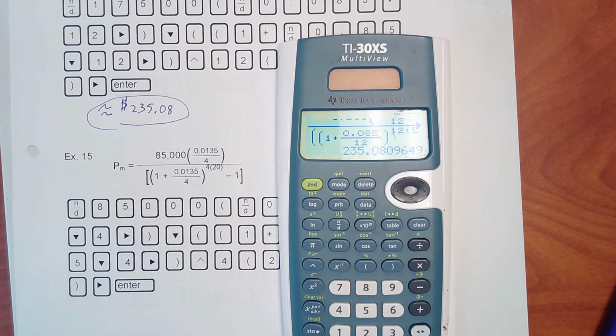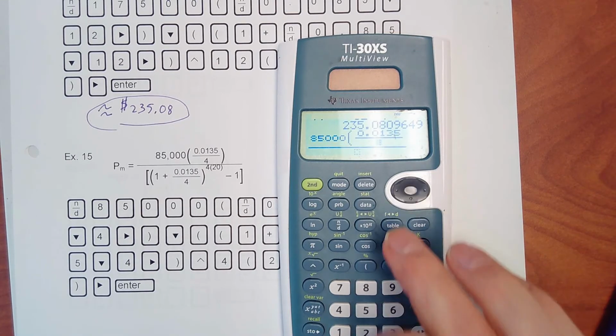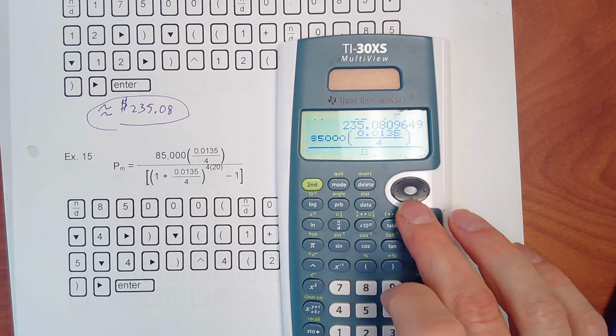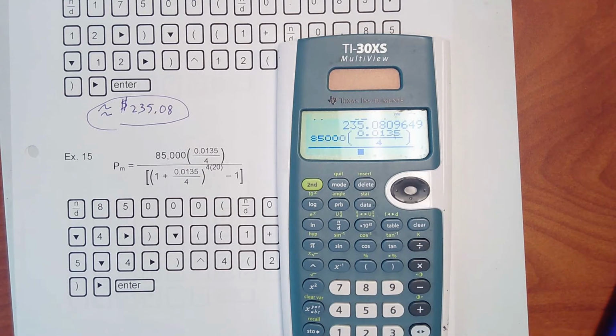All right, let's try number 15. So we do our fraction key. 85,000, parentheses, fraction key, 0.0135, down arrow 4, right arrow, close it off. Hit the down arrow key and then work on the denominator. Take a deep breath.